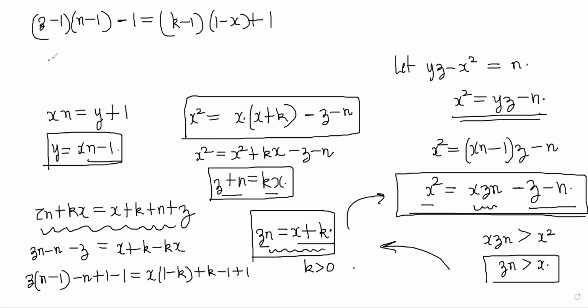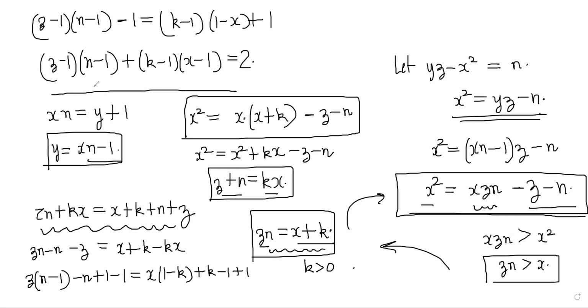Bringing the terms to one side, I'll get (z minus 1)(n minus 1) plus (k minus 1)(x minus 1) equal to 2. This is what we get, right?